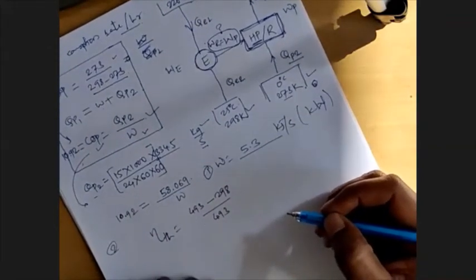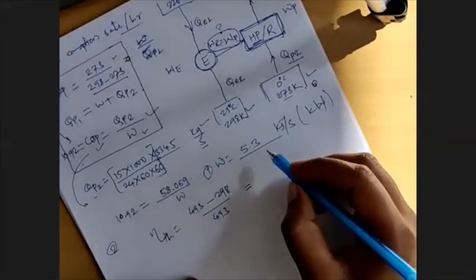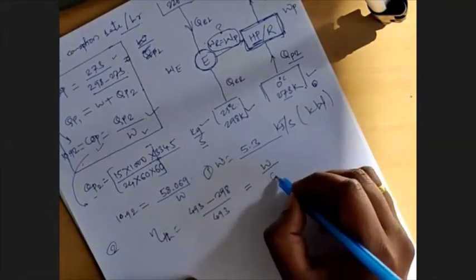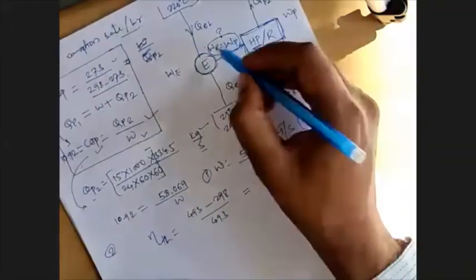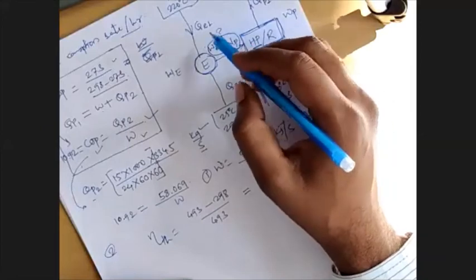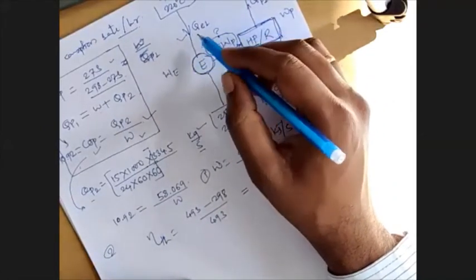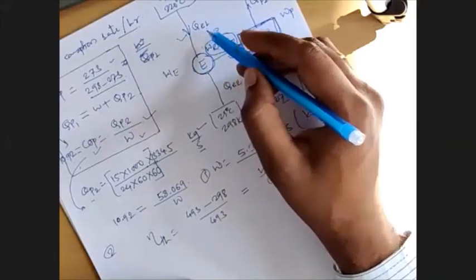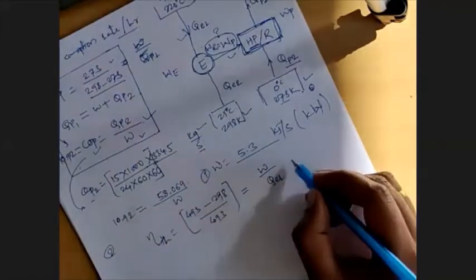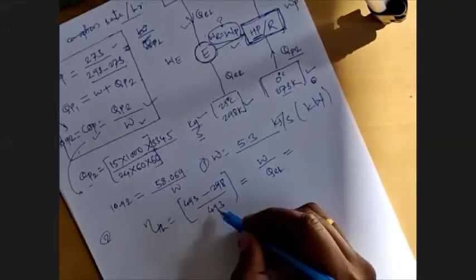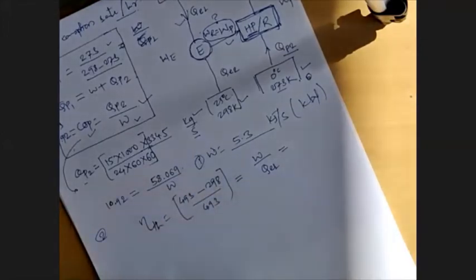From this relation, you will get the N thermal, and the same thing we can use as W by QE1. For an engine, the efficiency relation is also work produced by heat supplied, W by Q1, but here Q1 is QE1, so W by QE1. Solve this and let me know the efficiency value. 493 minus 298 by 493.